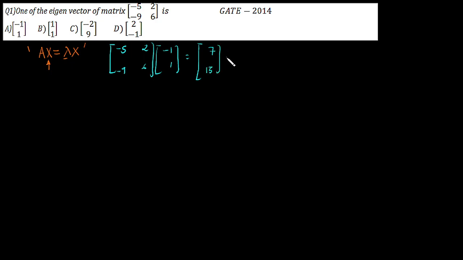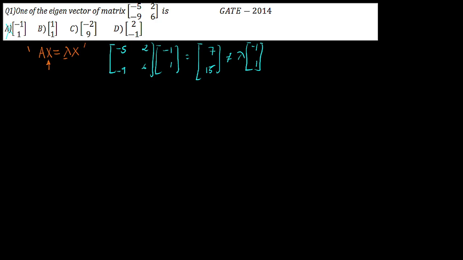Now let's try to find some scalar to represent this vector as lambda times the initial one. The initial one has values -1 and 1. So you can easily say that we are not getting any such scalar to represent this vector in this form. So we put not equal to here. So option A does not contain the correct eigenvector for this matrix.